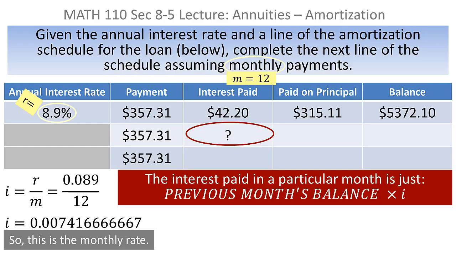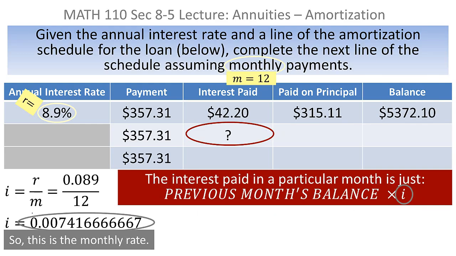We want to find out how much interest was paid on the second line of the table. Well, the interest paid in a particular month is nothing more than the previous month's balance multiplied by little i, which we just calculated. If you're down on this line, the previous month's balance is $5,372.10, and the little i is what we just calculated.